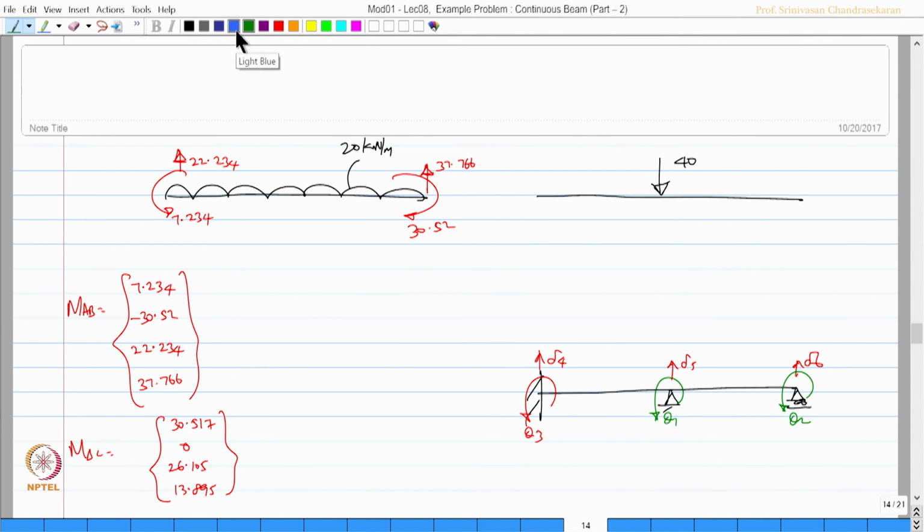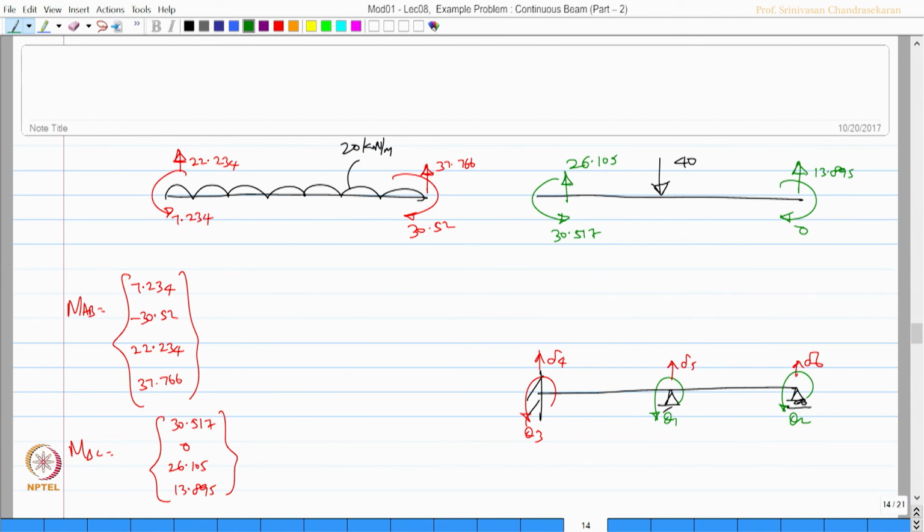Similarly, for this positive, so anticlockwise 30.517 and this value is 0 and this is upward 26.105 and this is also upward 13.895. Okay. So, let us superimpose this.